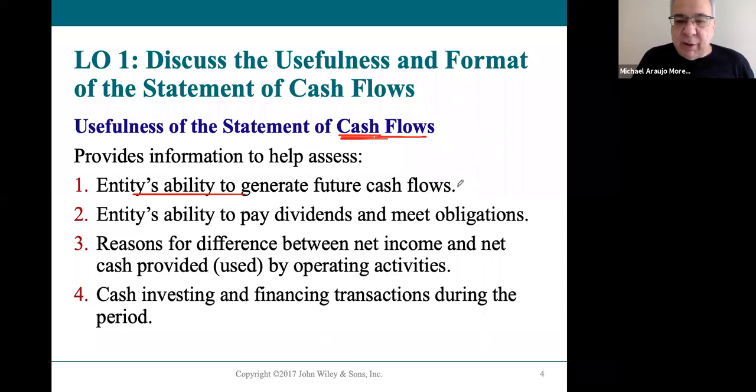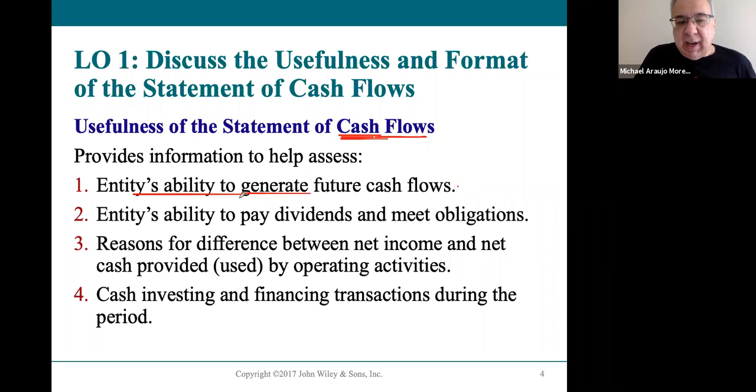But of course, there are other ways in which companies can get cash. They can ask investors for cash when they sell common stock. They can also borrow cash from banks and other entities as well. So we'll be looking at that. But again, most of it is going to come from how well they are able to sell their goods and services.